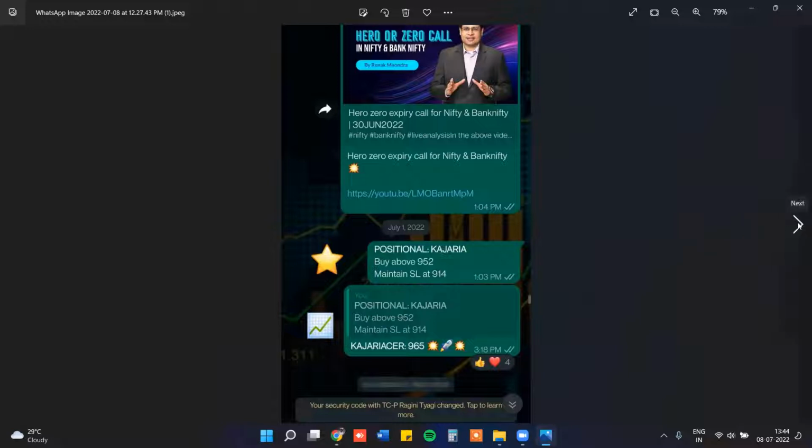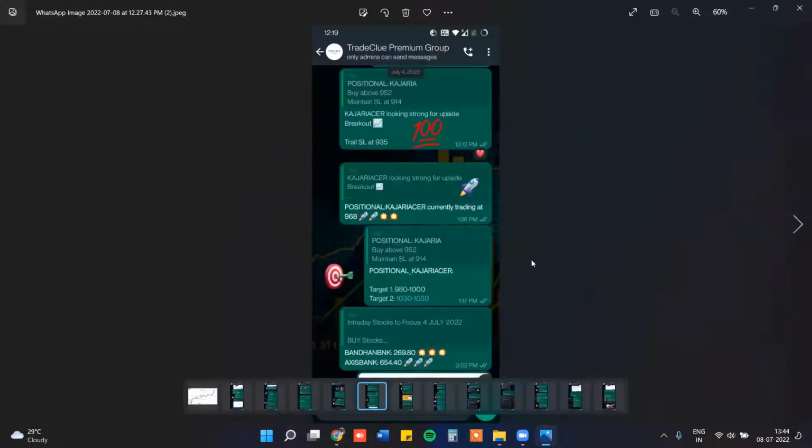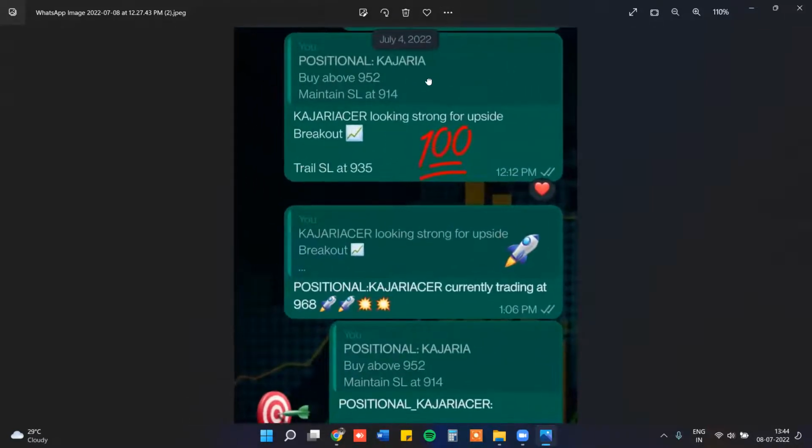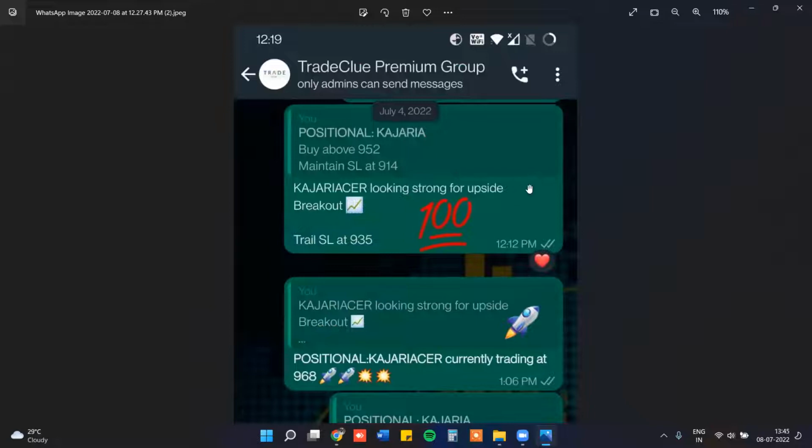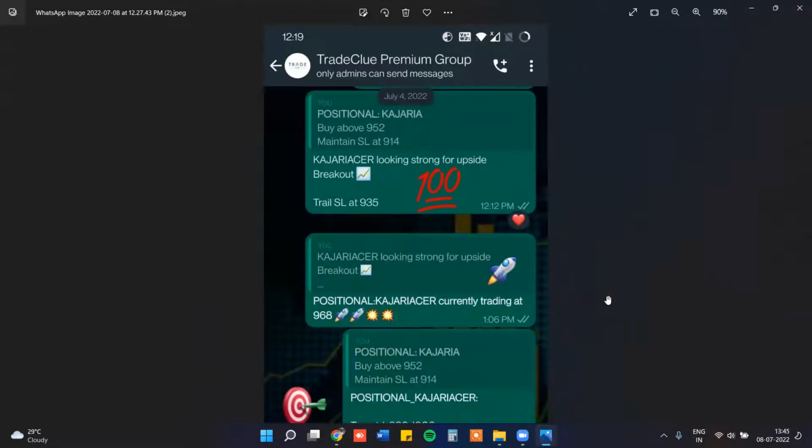If I want to trade Kajaria with 10,000, I'll trade around 10 quantities or so. Now how will I keep my stop loss? Just keep an eye on Kajaria, or you can create a price alert on your broker platform if it allows, so that if it crosses below, you'll get an email or a ping sound on your mobile, and you can keep track of that. Coming back to Kajaria, we were planning to add up again, and we had trailed the SL.